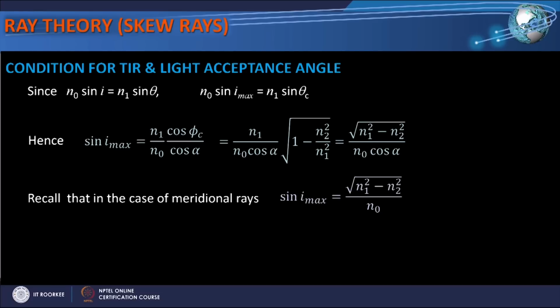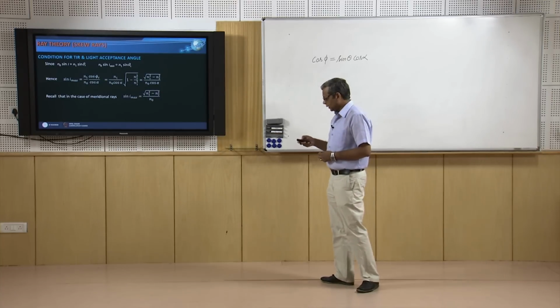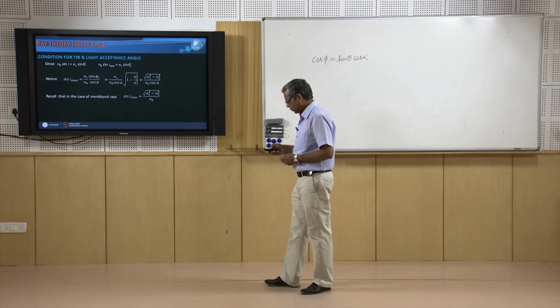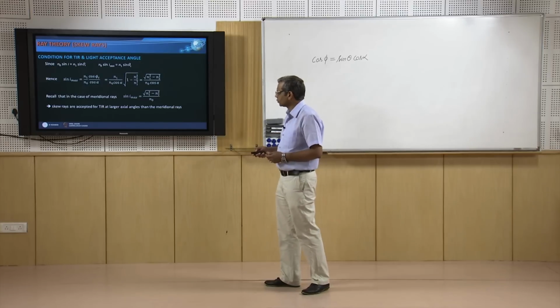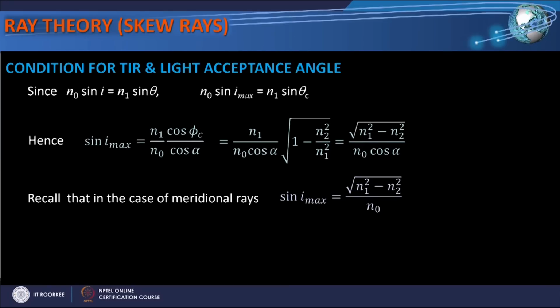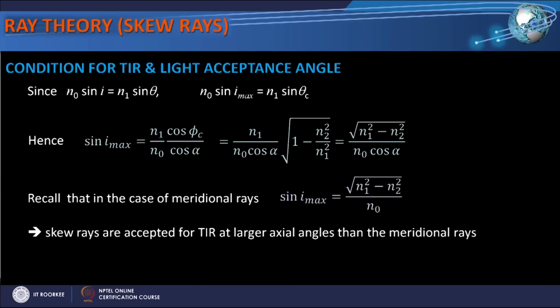You just recall that in case of meridional rays, this sin I max was square root of n1 square minus n2 square over n0. Now, I have an extra factor of cos alpha in denominator, and cos alpha has maximum value 1, okay, and that is the limiting case. So, since cos alpha is less than 1 for skew rays, skew rays are accepted for TIR at larger angle than the meridional rays.